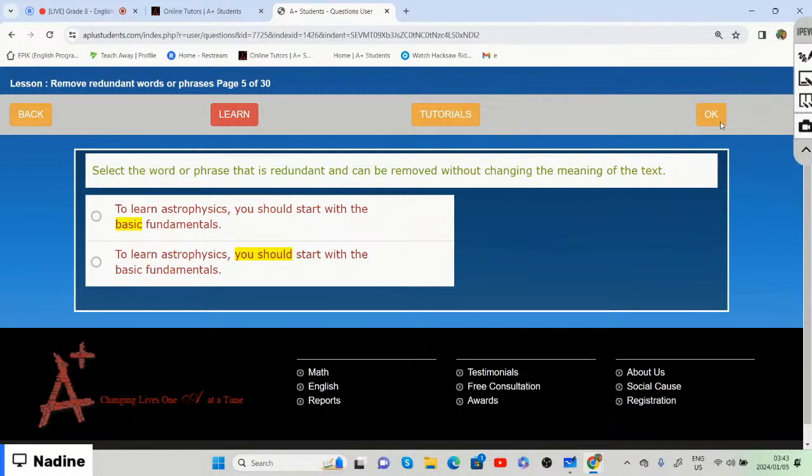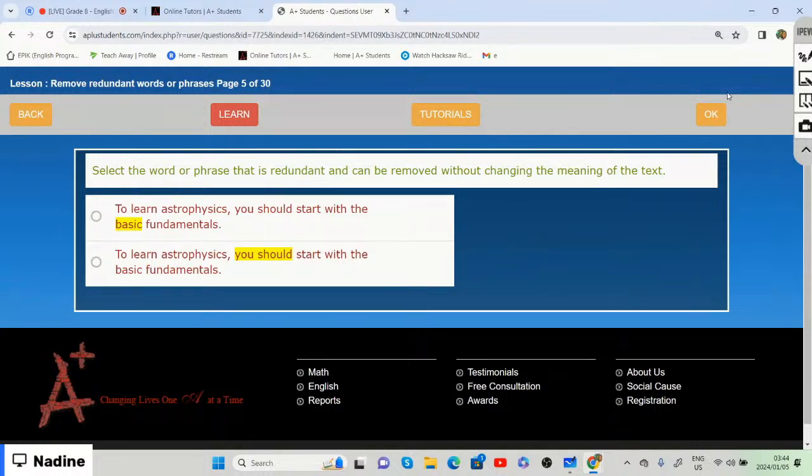And to learn astrophysics, you should start with the basic fundamentals. Which means that we need to choose one of those. Is it either basic, that is redundant, or you should?